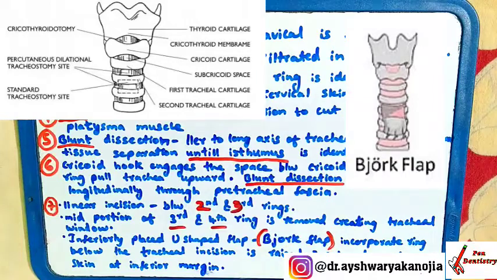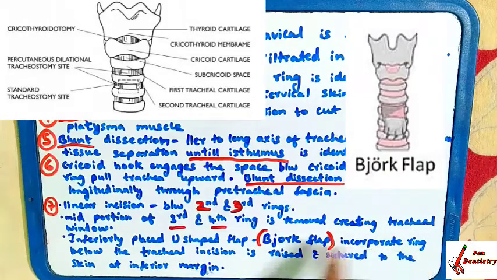This will incorporate the rings below the tracheal incision. The tracheal incision which you have made will be incorporated in the Bjork flap, and it is raised and sutured to the skin of the inferior margin.